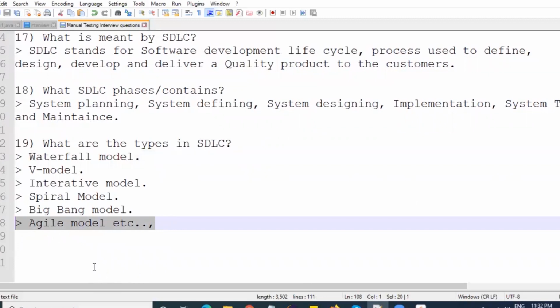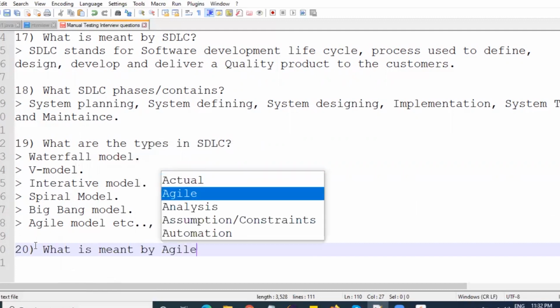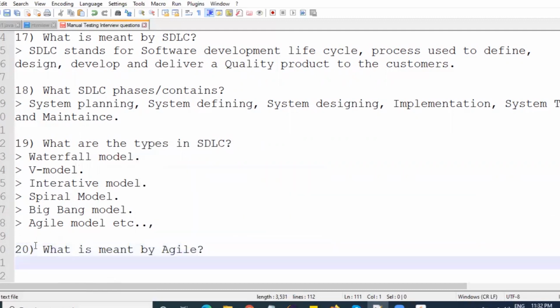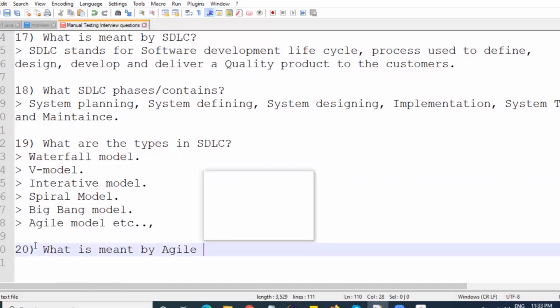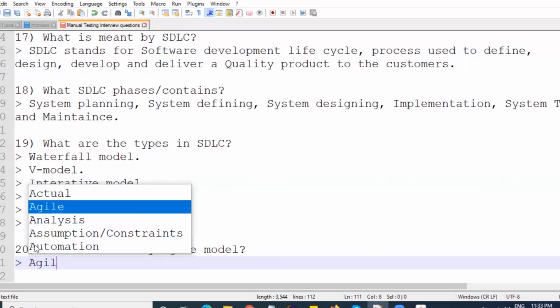Okay, next. What is meant by Agile? Good question, very important. Agile in the dictionary means moving in an effective manner, moving in a shortcut where we deliver the project in a very effective way. So this is Agile. I will write a descriptive definition of Agile methodology.